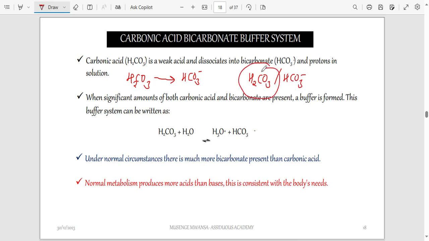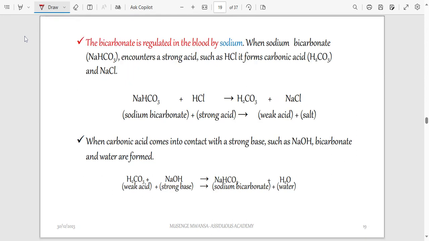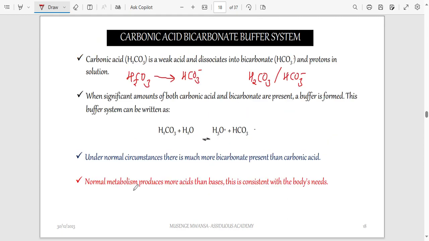When I add a base to my solution, this is the acid component of this buffer. It will react with that base. And how is it doing that? We are trying by all means to maintain the normal pH. So for example, if I add sodium hydroxide, that's a base, right?